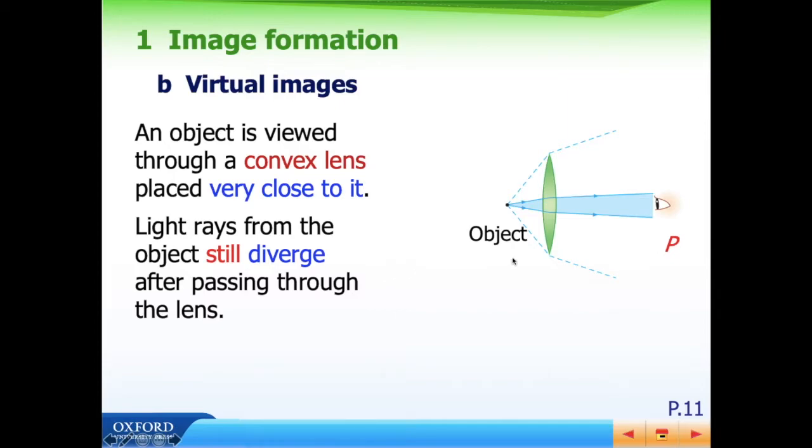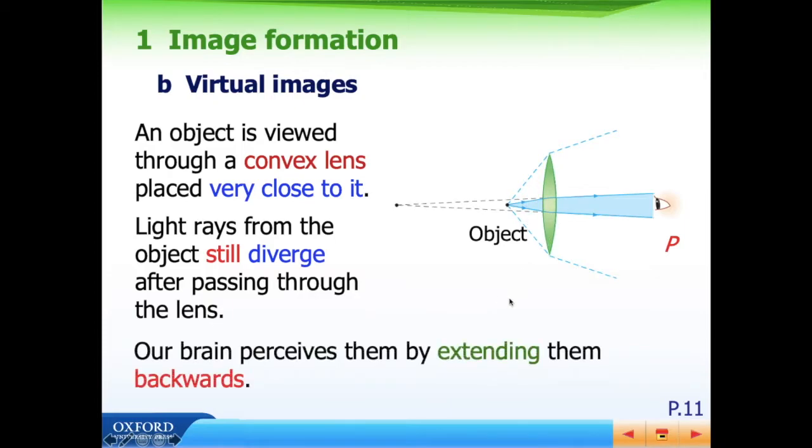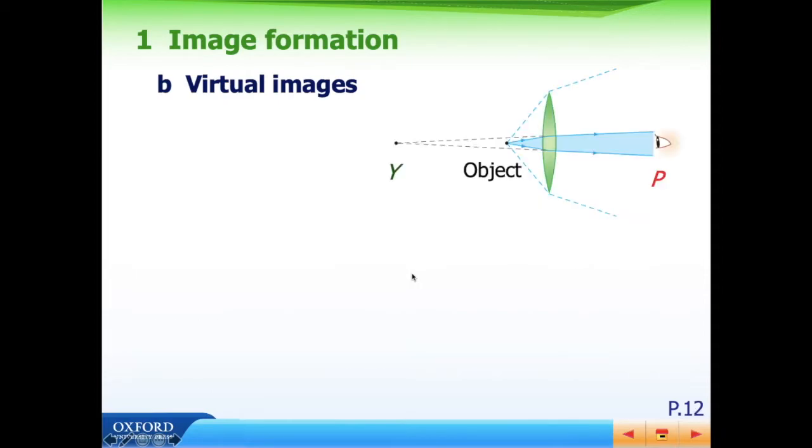In this case, again, there is still a refraction of light within this convex lens. Our brain then will perceive them by extending them backward. So in order for us to see the image, our brain will perceive that this image is located right at the other side, by extending the rays backwards.